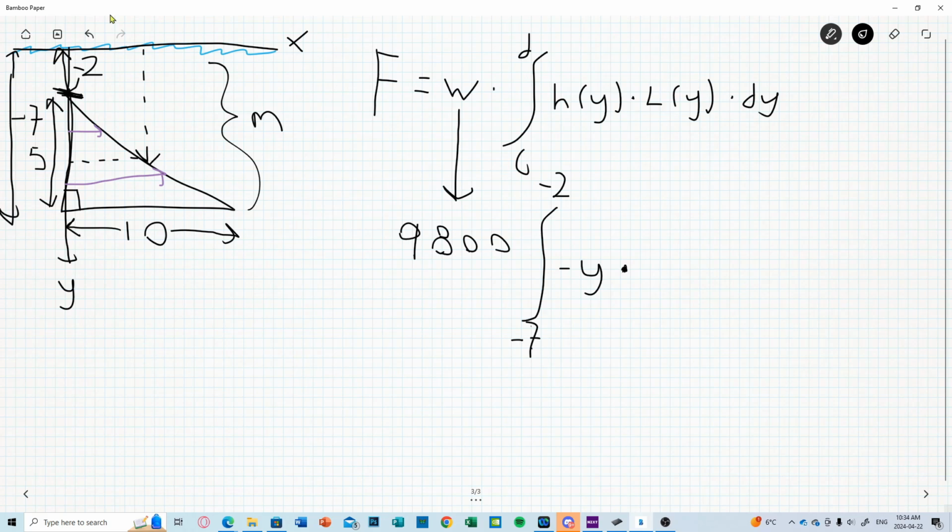So this point right there is going to be, well, since this is our x and our y, we already know those two, it's going to be x, y, which is going to be 0, comma, negative 2. And this one, we know the length of it to be 10, so we know our x is 10, and we know our y, because we know how deep it is from finding our bounds, is going to be negative 7.